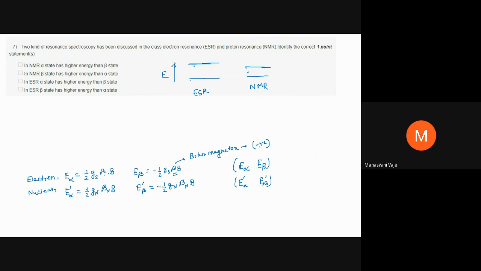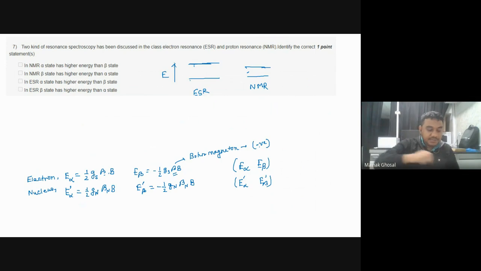E alpha. Why will it have higher energy?